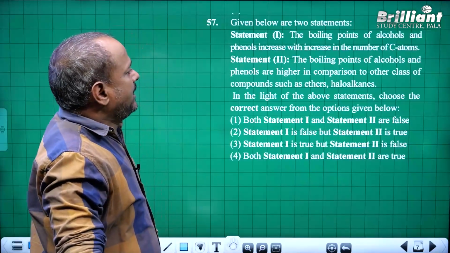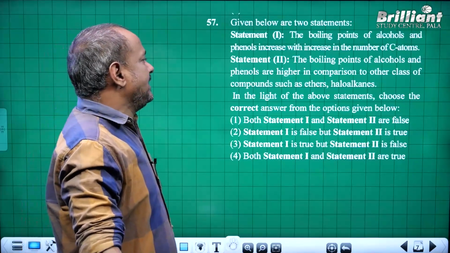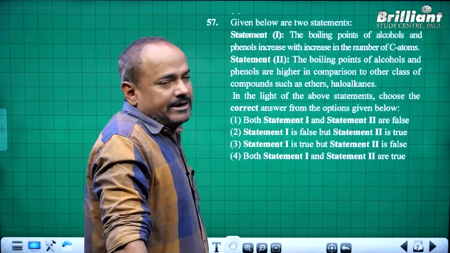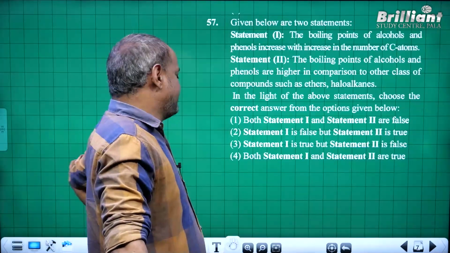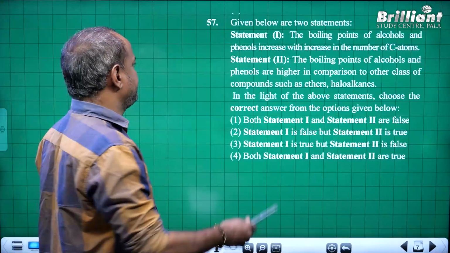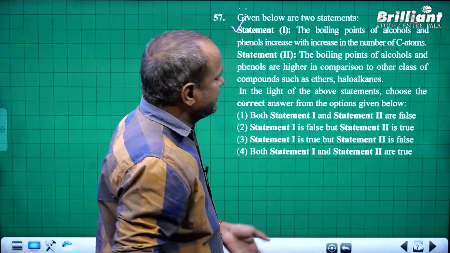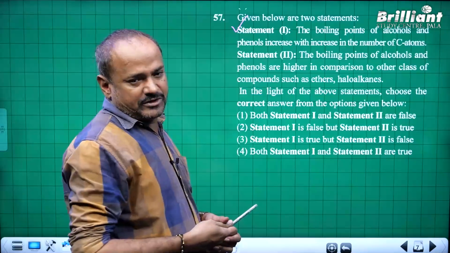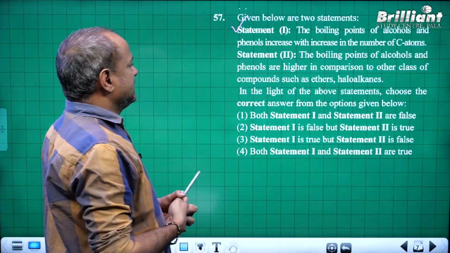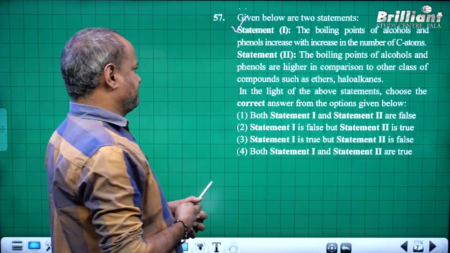Next, 57th one. Statement 1, boiling point of alcohols and phenols increase with increase in number of carbon atoms. Correct one, because van der Waals force increases. With respect to series of compounds, for alcohols, for phenols, as molar mass increases, then boiling point increases.